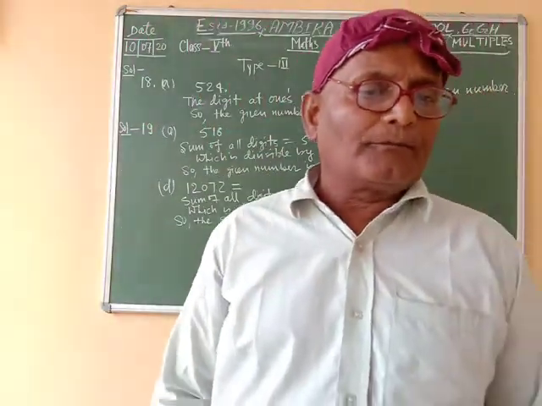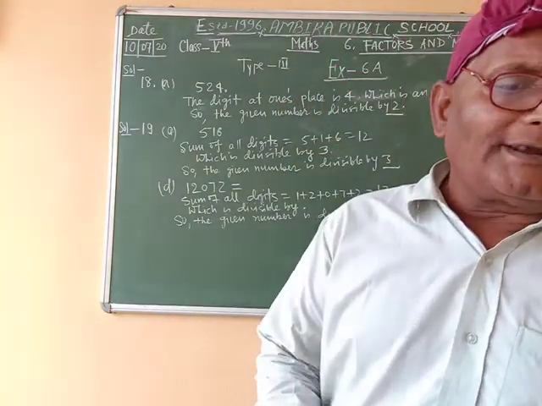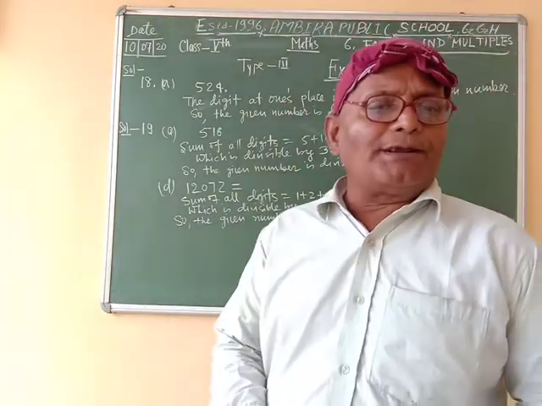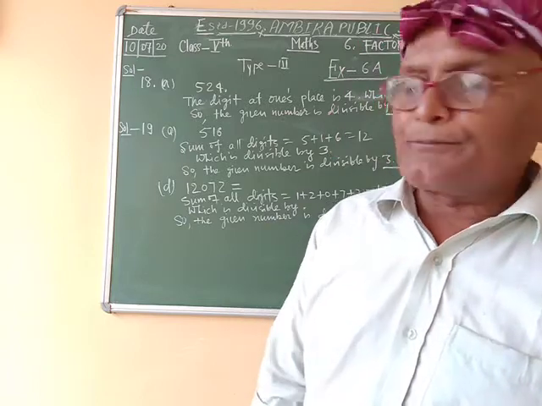B and C will be solved likewise. In question 20, which of the following numbers are divisible by 4?